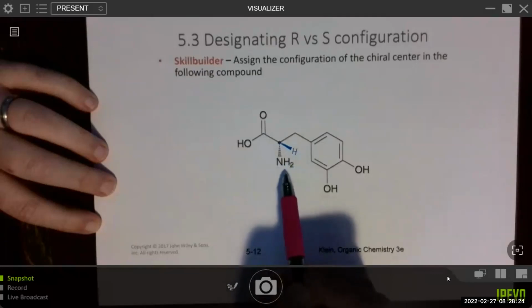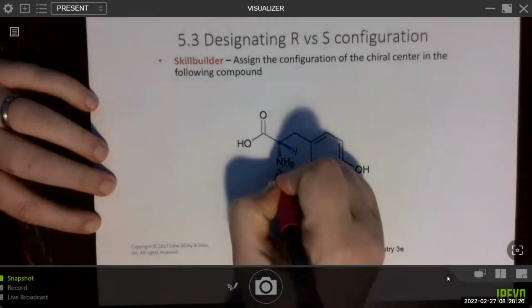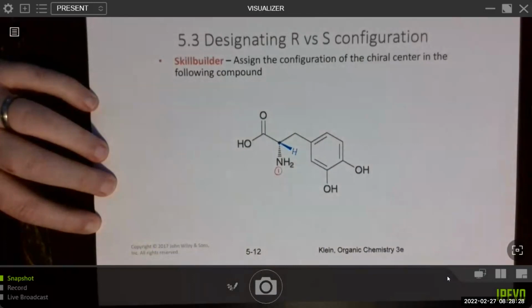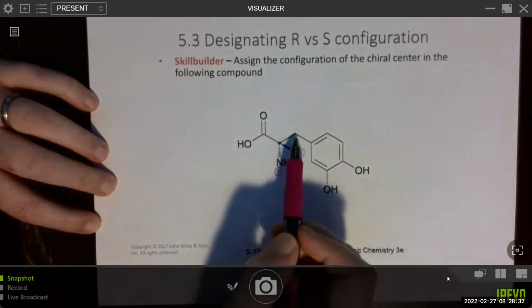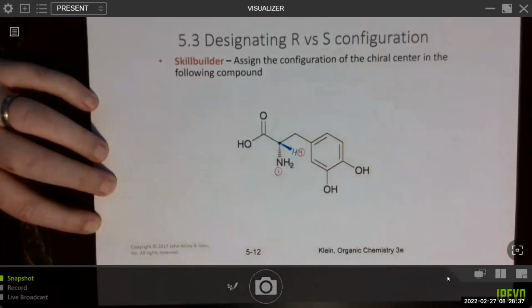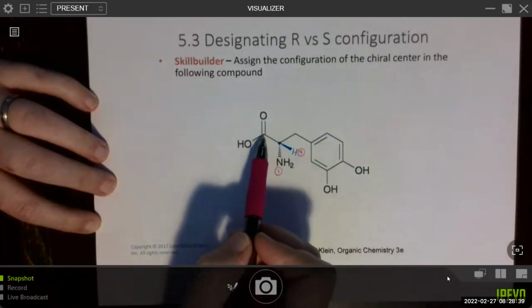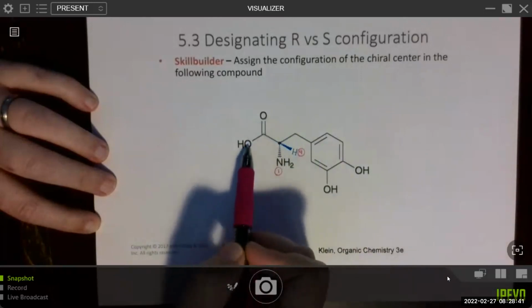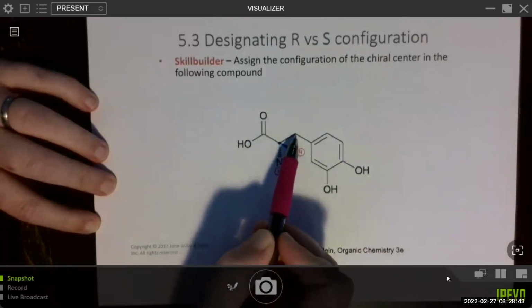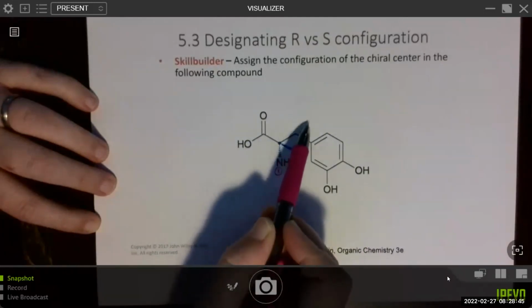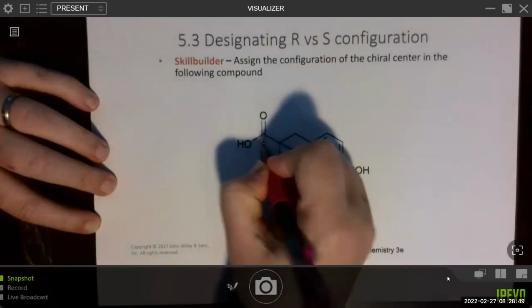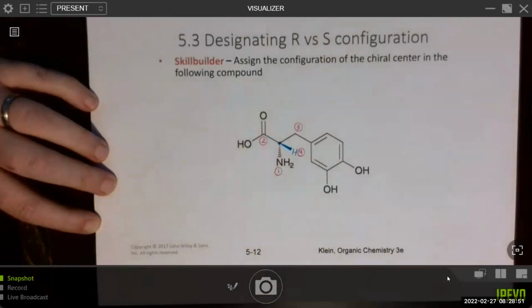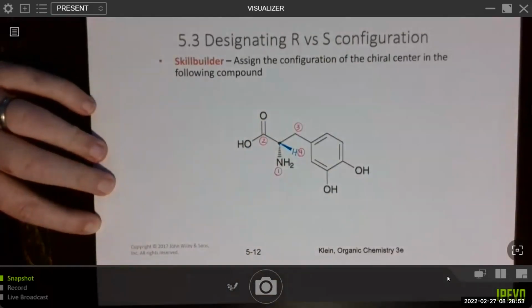Between those four, nitrogen has the highest atomic number. Hydrogen will definitely have the lowest atomic number. And this carbon and this carbon are both carbon, so that's a tie. But when I look and see that this carbon is attached to oxygen, oxygen, oxygen, versus over here we have carbon, hydrogen, hydrogen, this is definitely going to be priority 2, which makes this priority 3 by default.